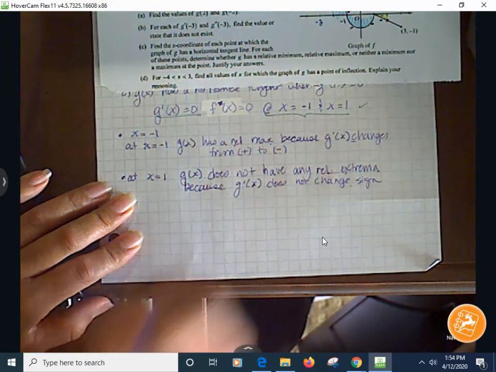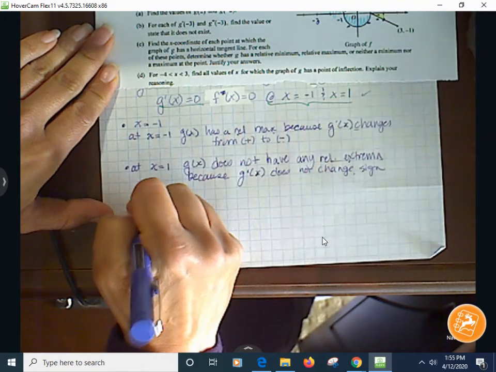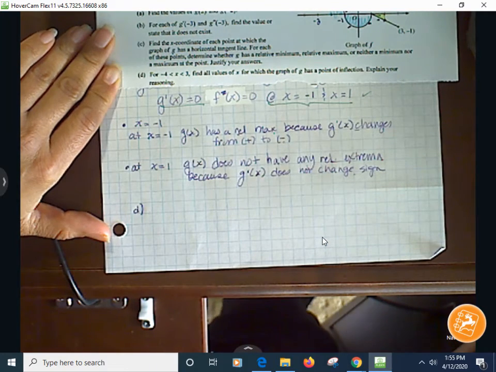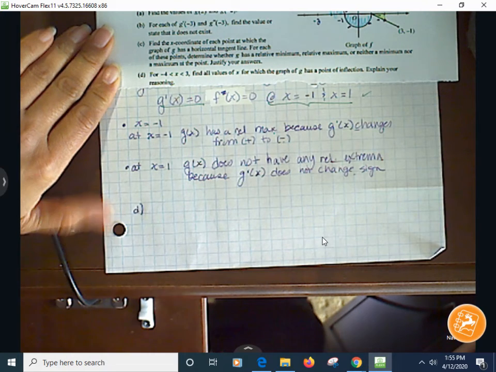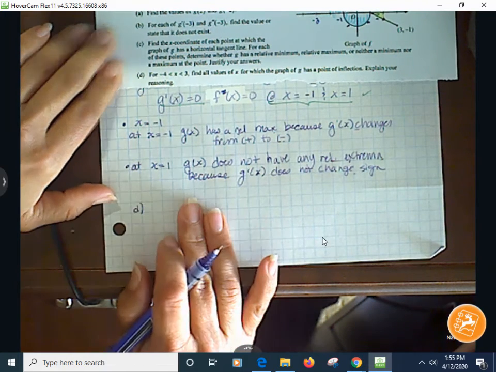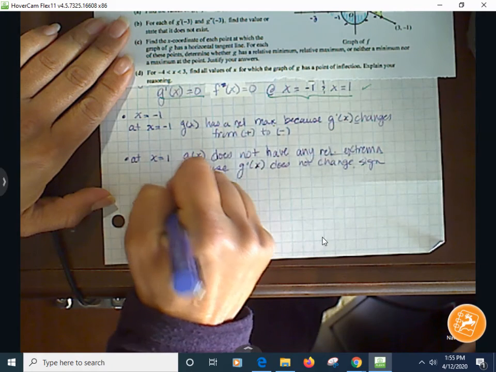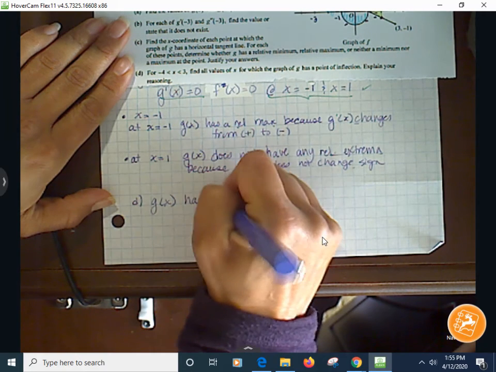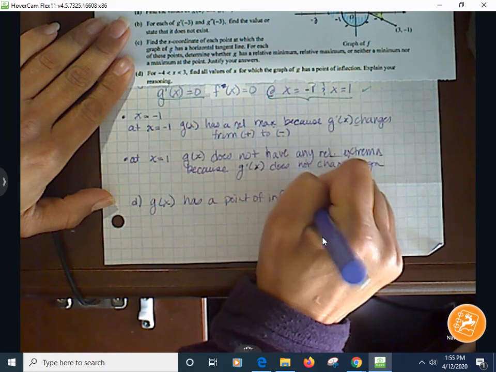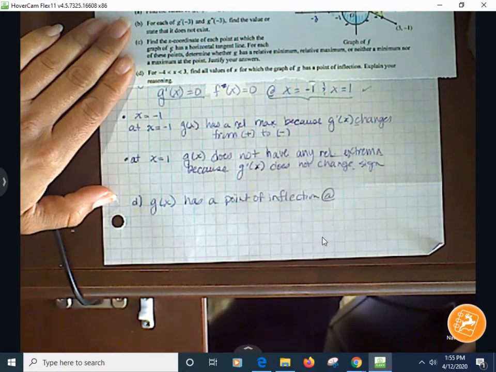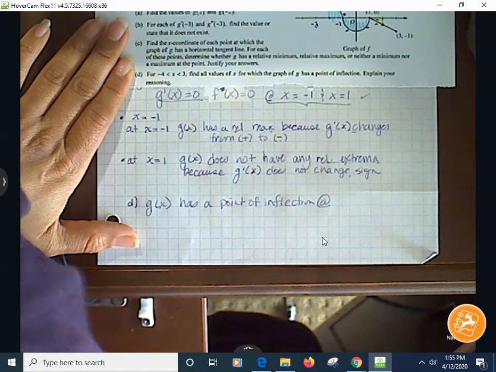Then, what's the next part? That was part C. Then part D. For x from -4 to 3, find all values of x for which the graph of g has a point of inflection. Okay, so point of inflection. Before I state where, let's see, when does it have a point of inflection?